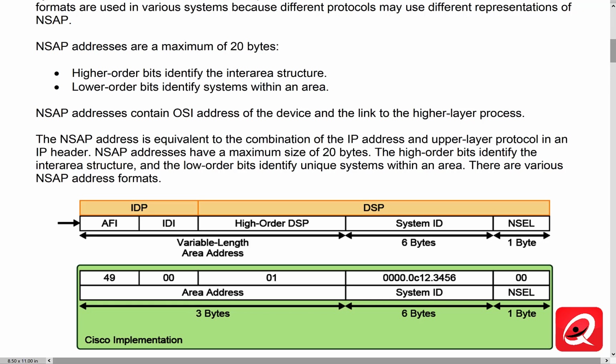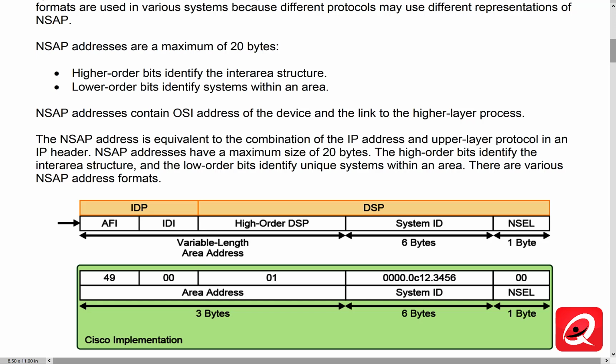Whenever we talk about IP addressing, we talk about the IP address being broken up into 2 pieces: the network ID and the host ID. So think of the IDP, the initial domain identifier, as that major network. What network do I belong to? Which consists of the AFI and the area ID, essentially, which is the IDI in this particular case.